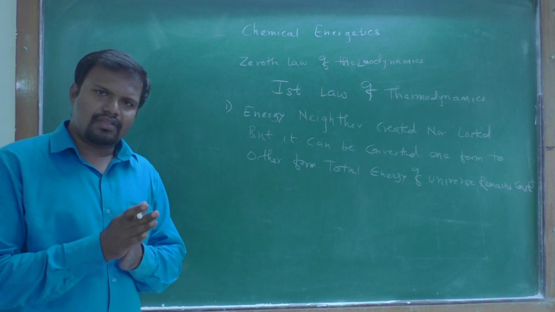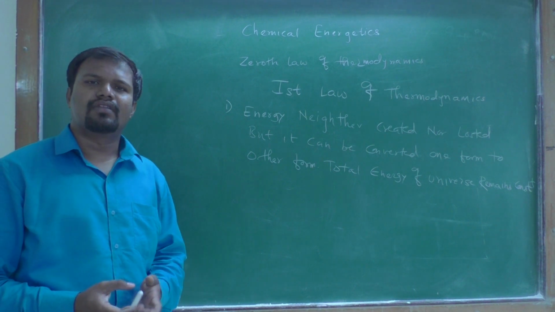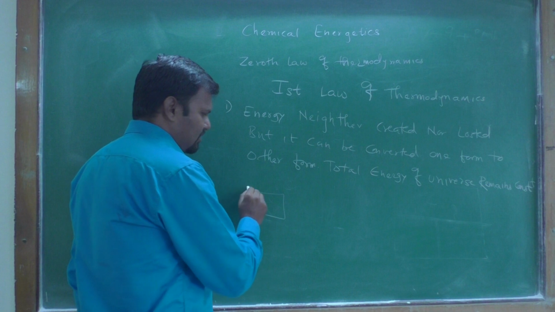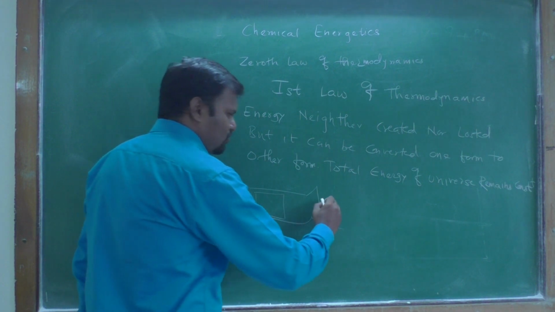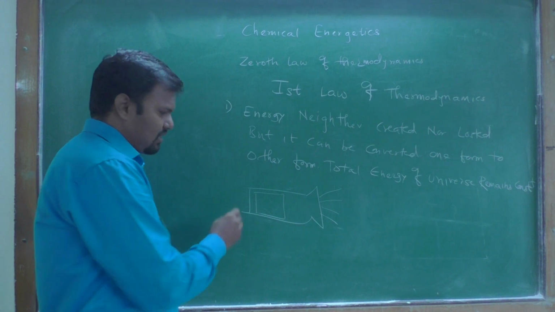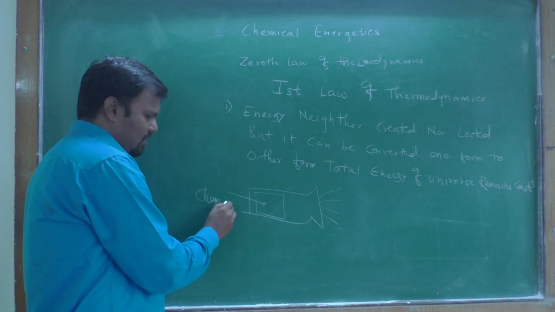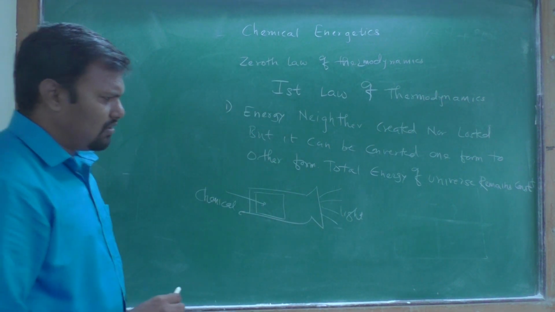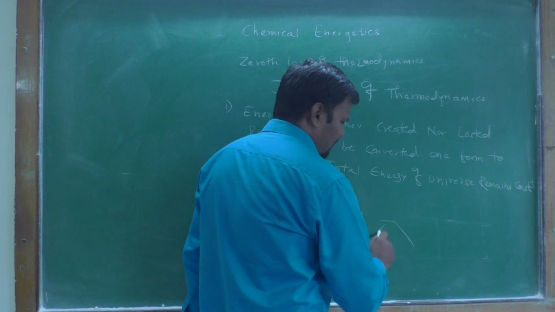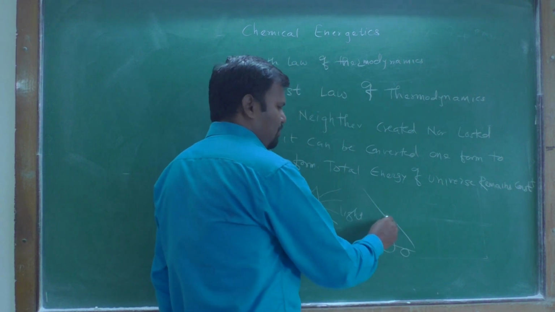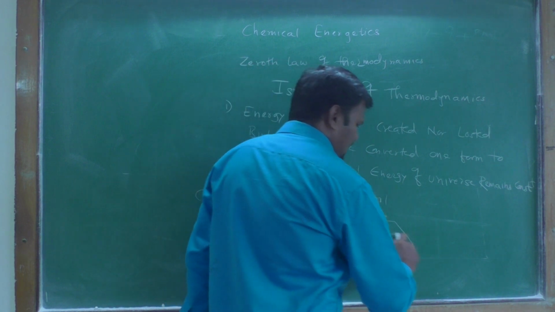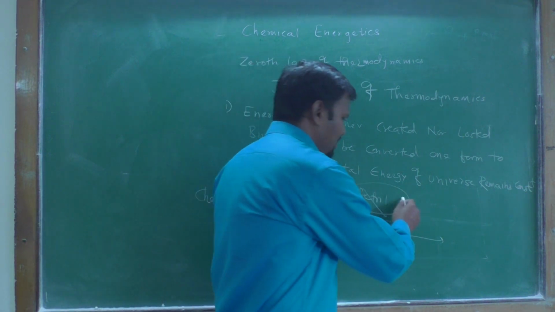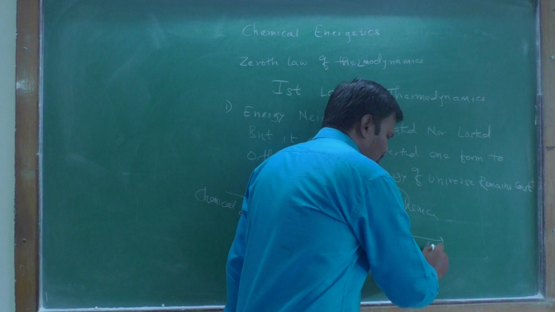Energy can be transferred from one form to another form. For example, if you have a cell and you put it inside a torch, it gives light energy. The chemical energy is converted into light energy. If you have a car and you put in petrol, it can run. Therefore the chemical energy is converted to mechanical energy.